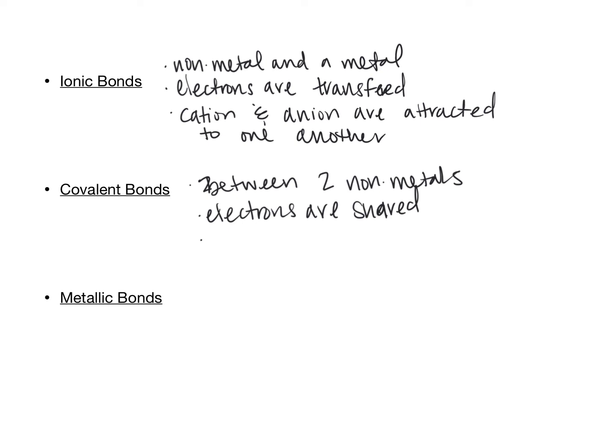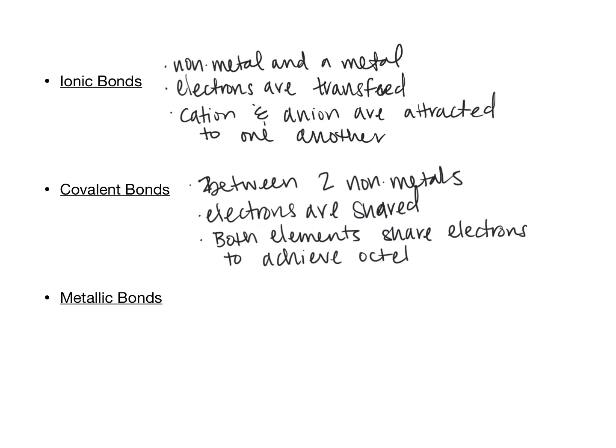So in this case, both elements share electrons to achieve octet. Where in an ionic bond, the electrons are transferred. So both the cation and the anion will have octet. However, they won't share any of the electrons.